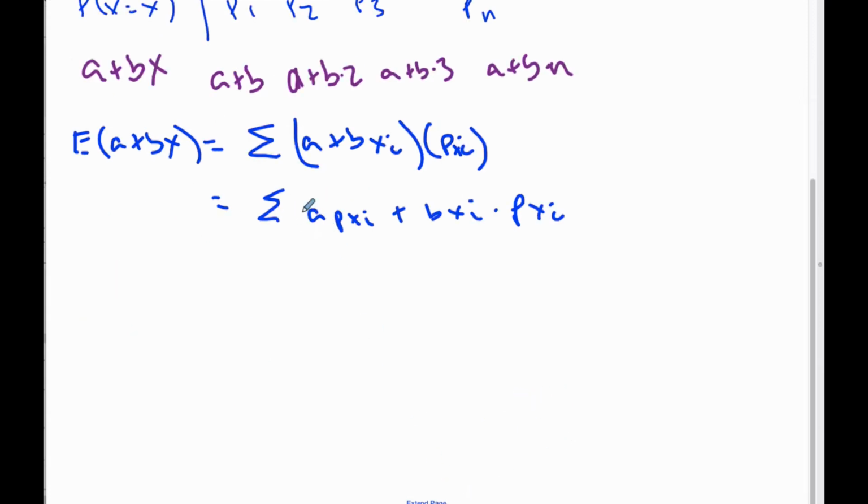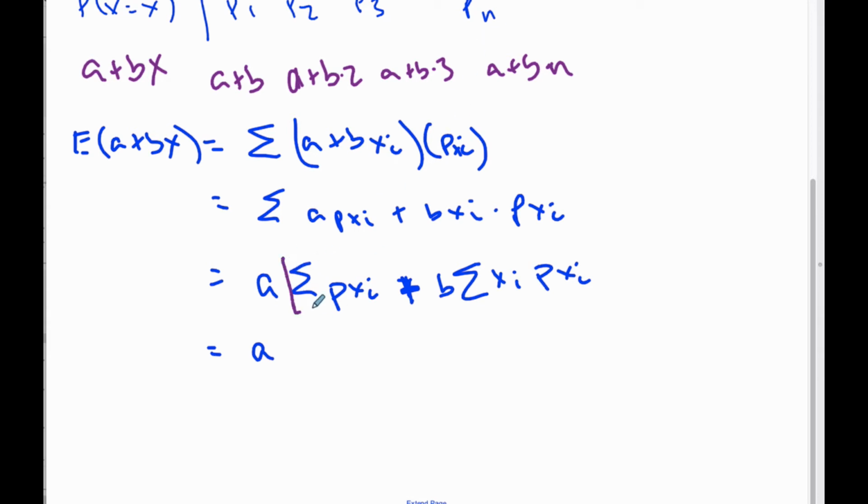Well, here I can pull out a, and I have the sum of p of x sub i. I can also do these additions separately, plus this addition, and I can also pull out the b here of x sub i times p of x sub i. Now, if we think a little bit, this is the sum of all of the probabilities.